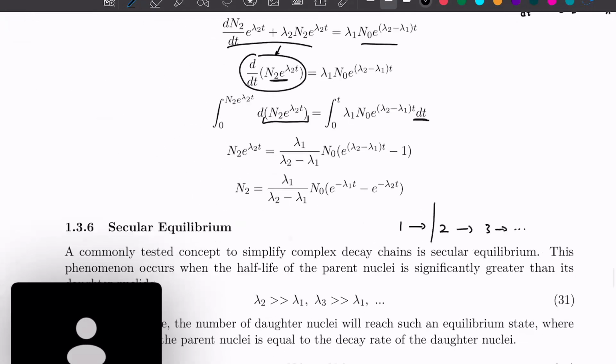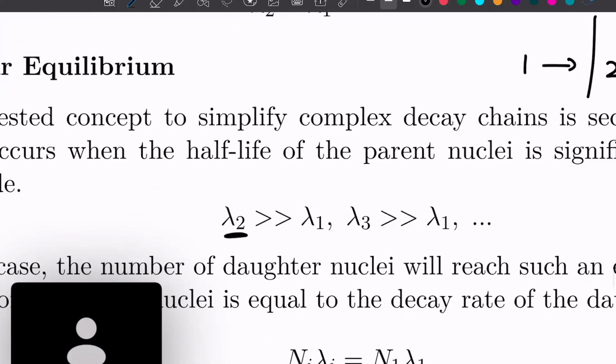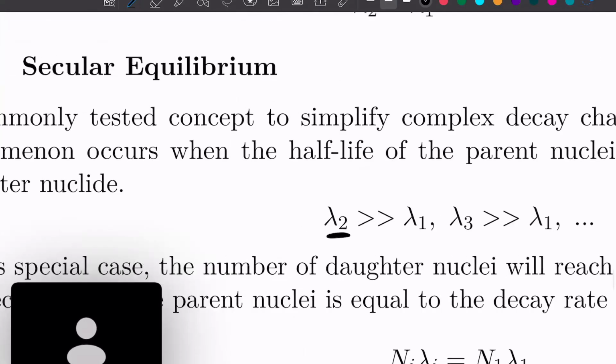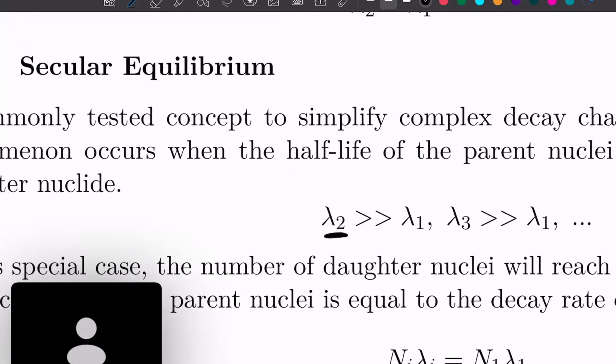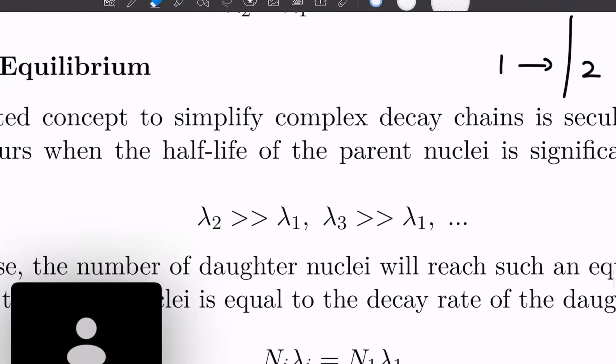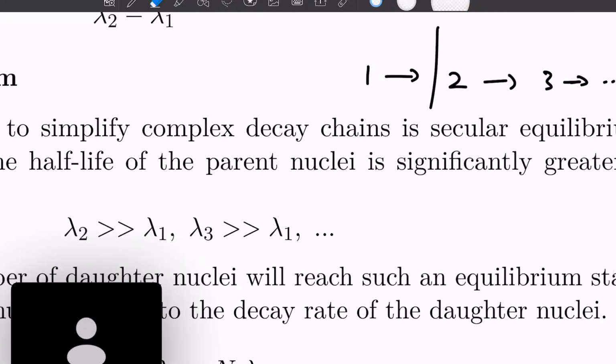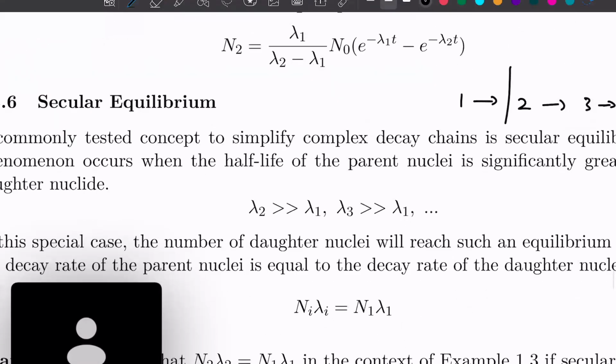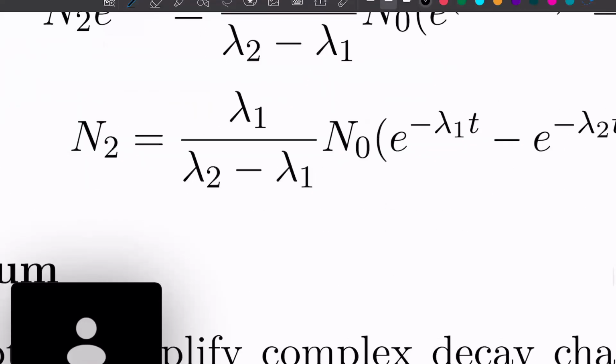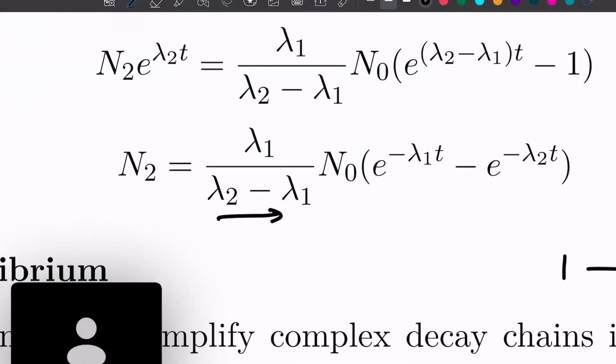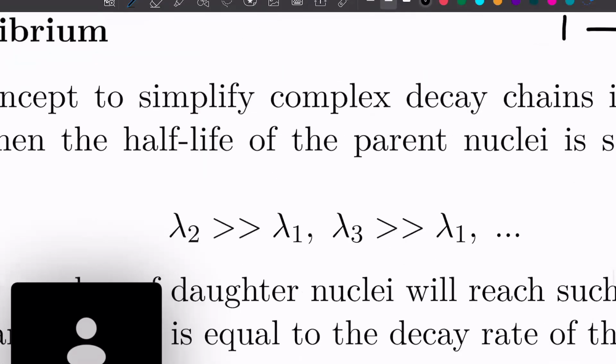In that case, lambda 2 is much greater than lambda 1, because I just mentioned that your daughter nuclei decay at a much faster rate. If you sub this in here and do approximations, you would arrive at this result.